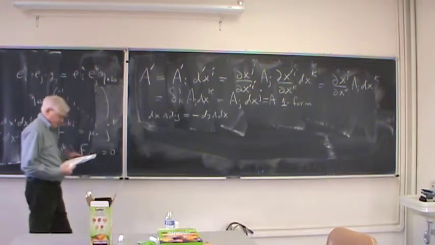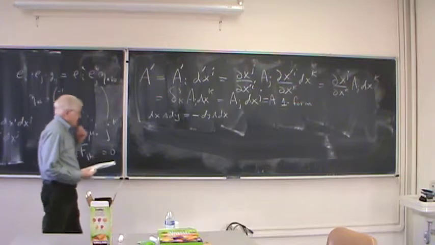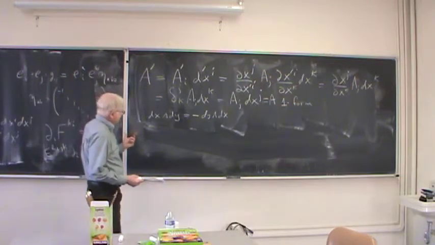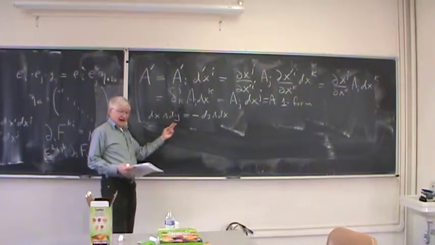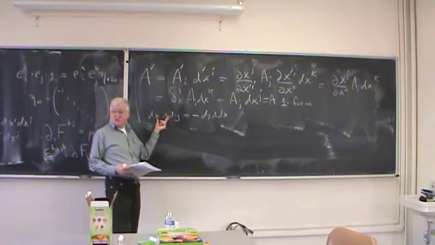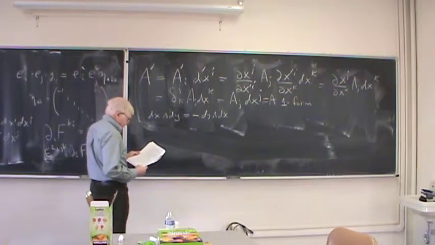It's basically defined as the oriented area spanned by these two dx differentials, if they happen to be vectors.